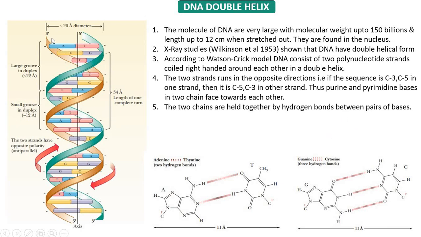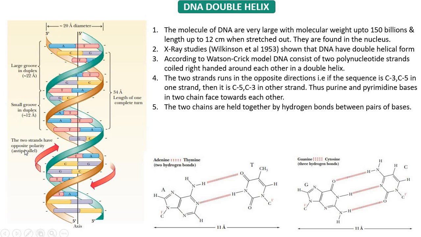Other parameters are the distance between these two strands, that is the diameter, which is about 20 angstrom, remember. Then there are two grooves present in this double helix. One is a small groove, another one is a large groove. The small groove is about 12 angstrom units, the large groove is about 22 angstrom units, and both these grooves constitute the length of one complete turn, which is about 34 angstrom units.